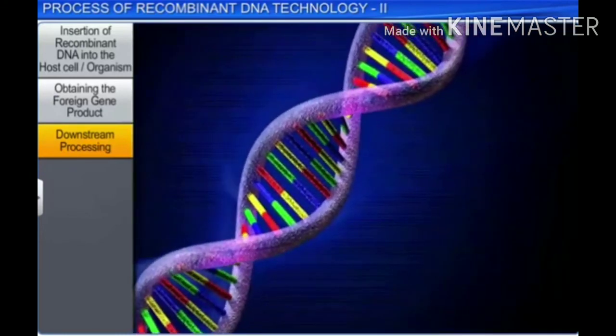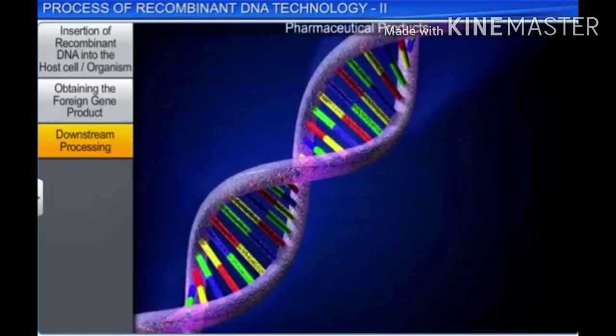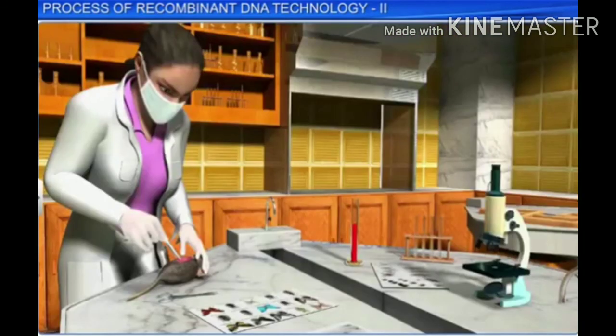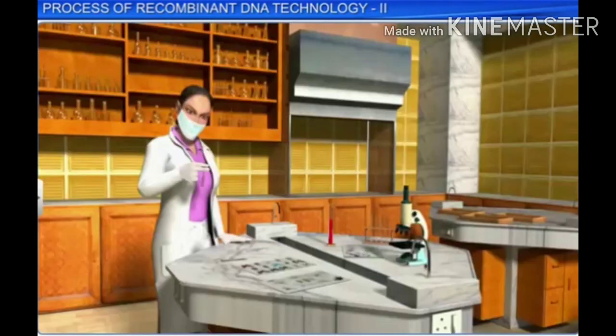In downstream processing, pharmaceutical products such as antibiotics and hormones are formulated with suitable preservatives. Thereafter, these products are also subjected to clinical trials and quality testing. By aiding in the development of new medicines and vaccines, recombinant DNA technology has revolutionized medical science and opened new vistas of research.